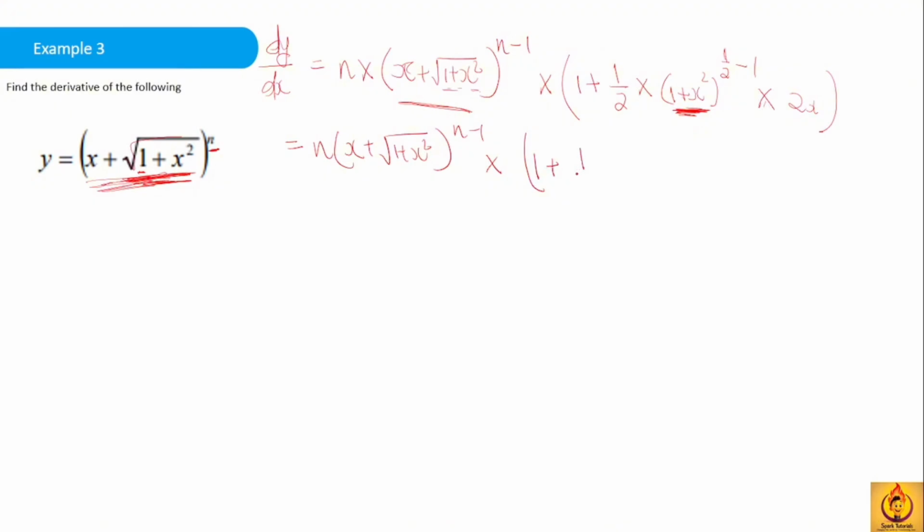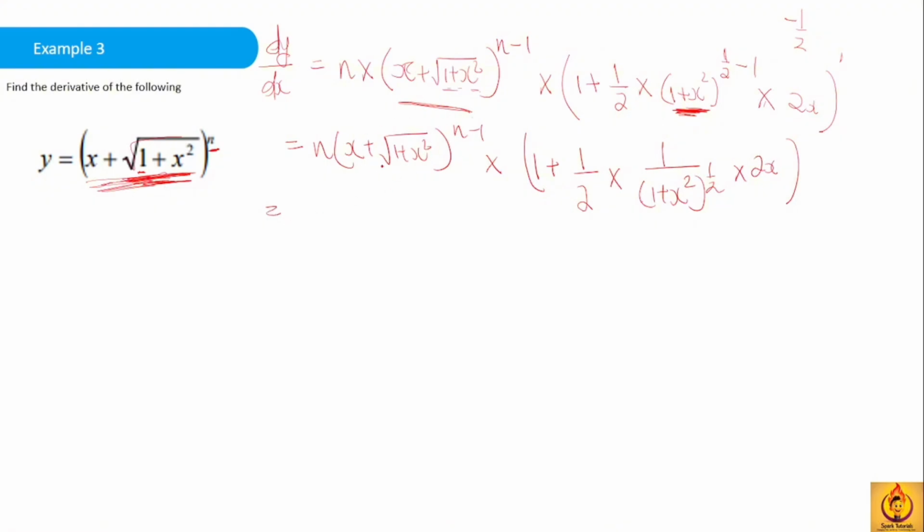The half, for now, we're going to bring as half, multiplied by 1 over 2 minus 1, that's minus half. And remember, minus half as an exponent is a reciprocal. So this means that we must bring this down. It's going to be 1 plus x squared to the half, then multiplied by 2x.